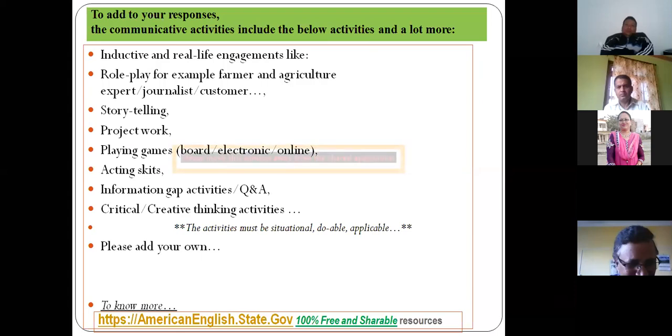So you can ask students to be one of these persons, and then write about them, act as them, or do the activities that they would typically do. And storytelling, project work, playing games, board games, electronic games, or online games.